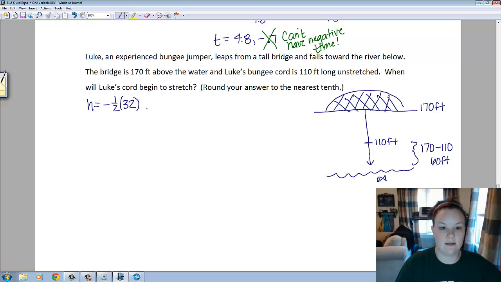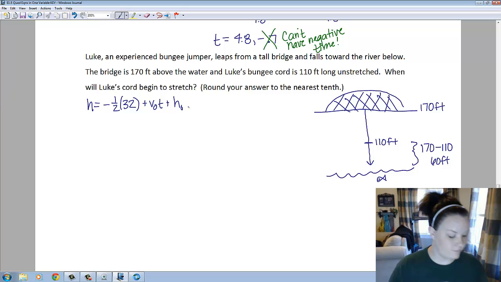My velocity, in this case, if I'm looking at it, I'm seeing, is he being shot up in the air? Is he being shot down? Like at what rate is he falling off this bridge, right? If you've ever watched a bungee jumper, they don't get thrown off, they don't get shoved off, they just kind of fall. So if he's just stepping nicely off the bridge, there's really not a velocity, which means his velocity is 0.